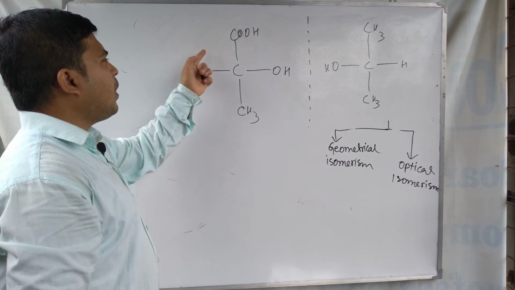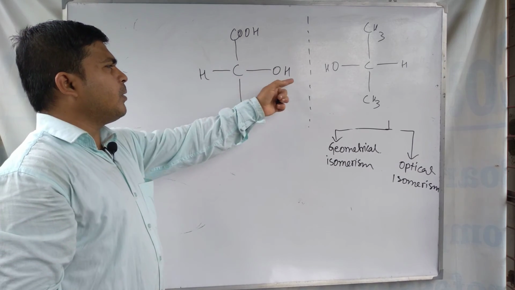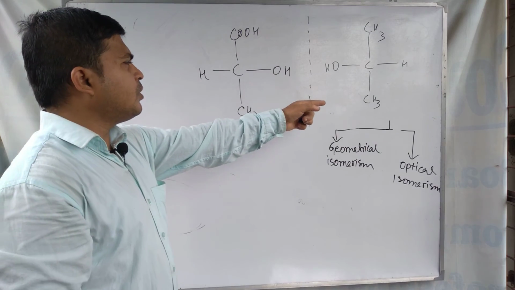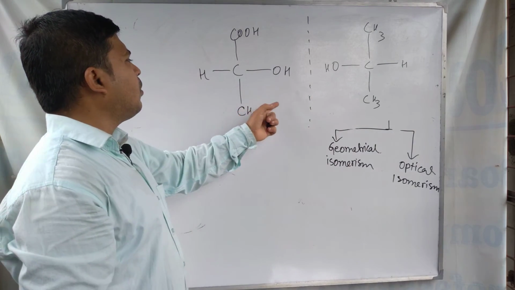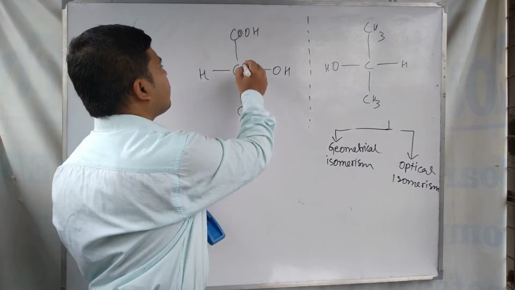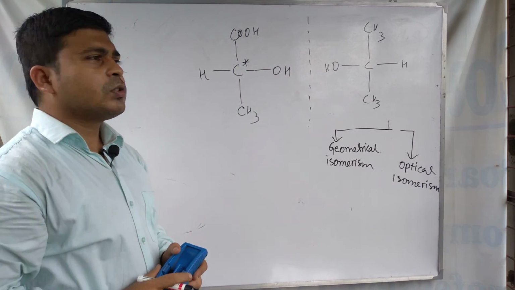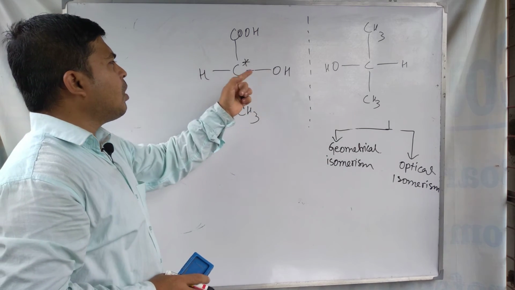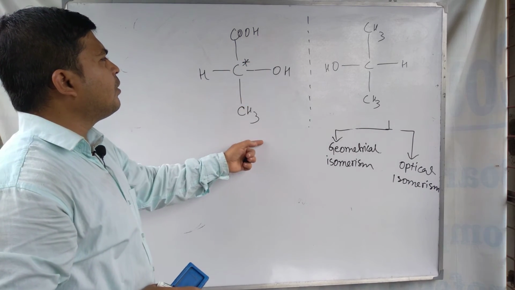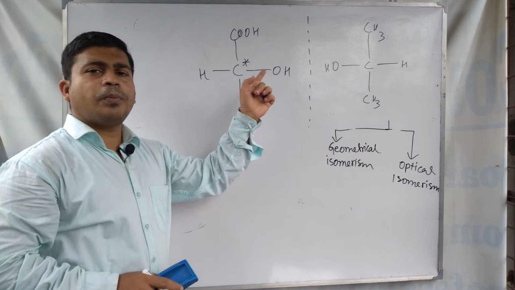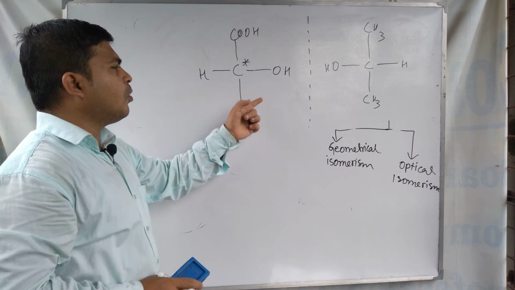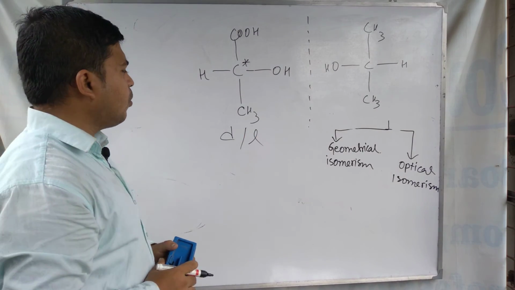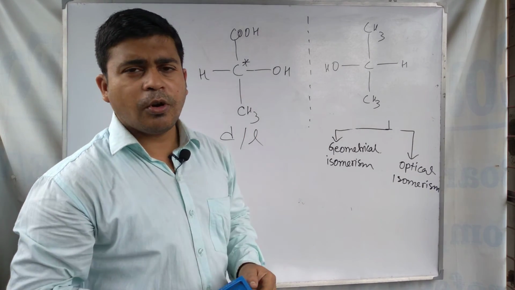Here this compound is the non-superimposable mirror image of the other compound and bears a chiral carbon. For this reason, the molecule can rotate the plane of polarized light either right or left, so it is called an optically active compound and can show D and L forms. D means dextrorotatory and L means levorotatory.